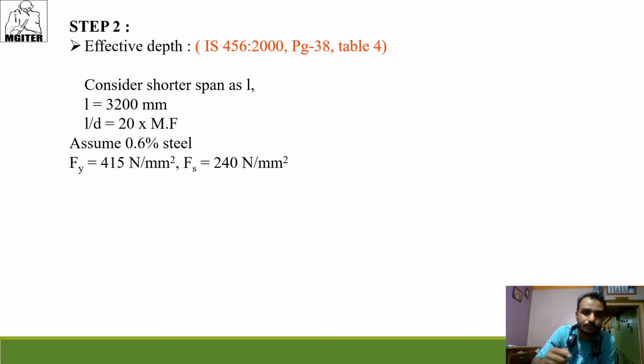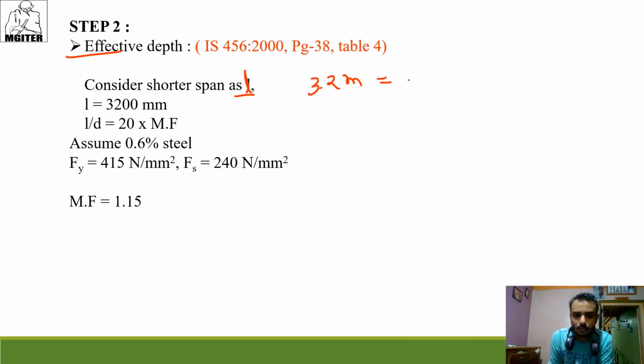The effective depth, we have to first find out the effective depth. Effective depth means the thickness of the slab. Consider the shorter span as L. So L is equal to 3200 mm, means we have 3.2 meter, and I converted it to 3200 mm.